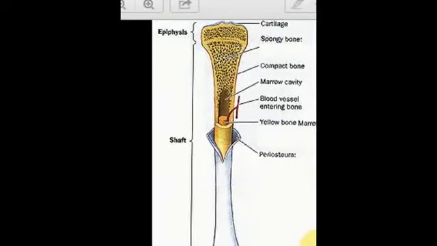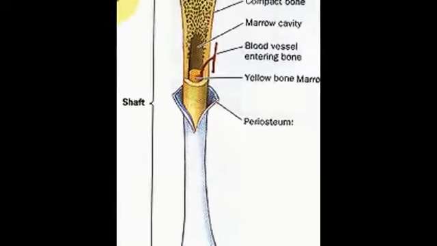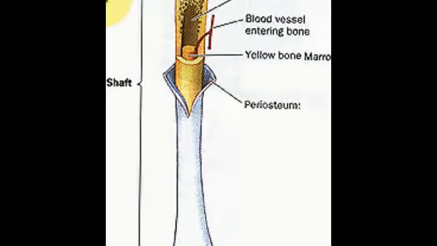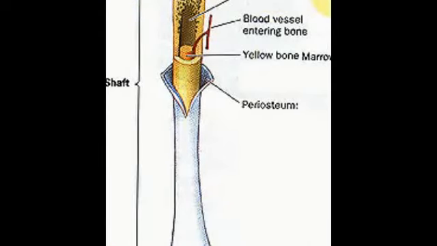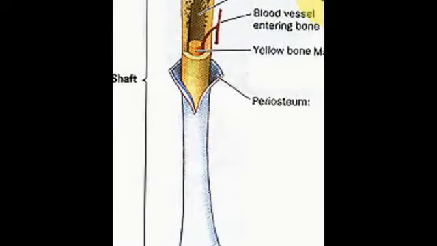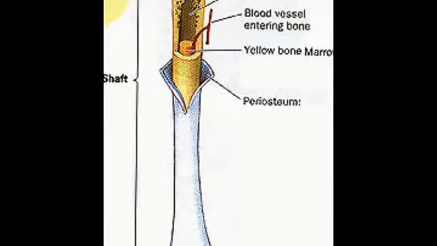Periosteum is again a teeny connective tissue, but full of nerve endings around the bone.